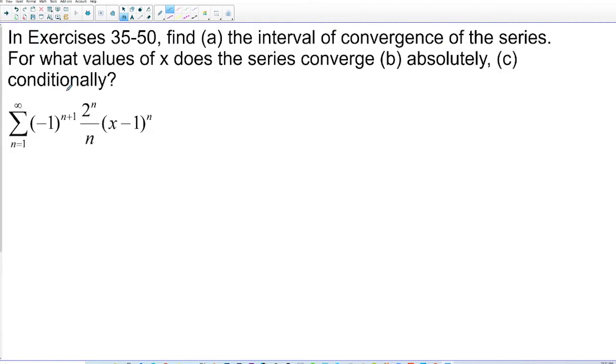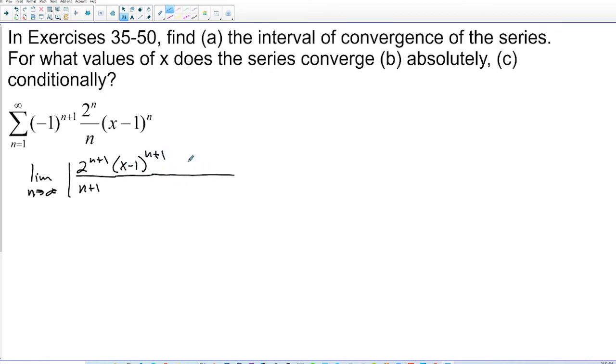Same instructions. This is not geometric, so again, we're going to do the ratio test. Limit as n approaches infinity of the absolute value of 2 to the n plus 1 over n plus 1, and then this is x minus 1 to the n plus 1.